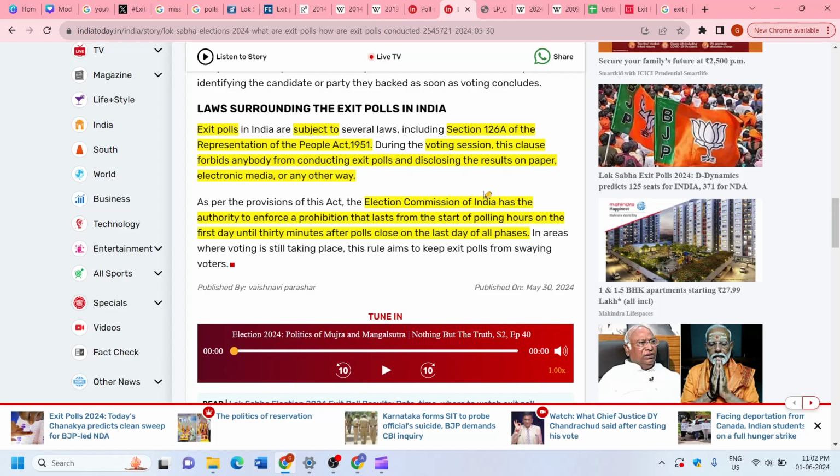The Election Commission of India has the authority to enforce a prohibition that lasts from the start of polling hours on the first day until 30 minutes after polls close on the last day of all phases. So this is why exit polls were not released in the earlier phases of this election, because it could only be done on the last day of the last phase.